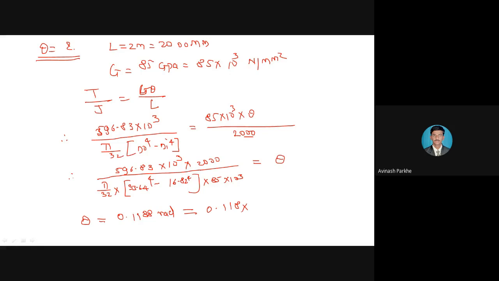Now if I have to convert radian to degree, I have to multiply by 180 by pi, exactly opposite. So we will get theta in degree. Degree to radian, multiply by pi by 180, and radian to degree, multiply by 180 by pi.